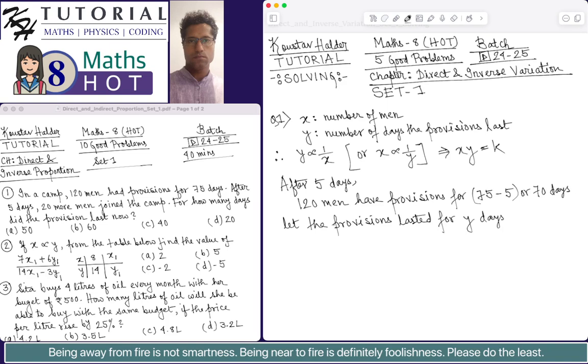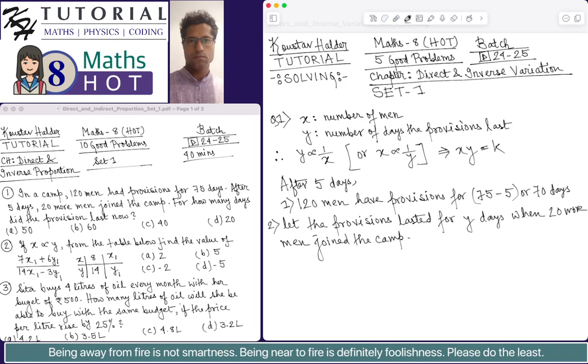So we are assuming that the provisions lasted for y days when 20 more men joined the camp. So we have now two data. This is the first data and this is the second data.